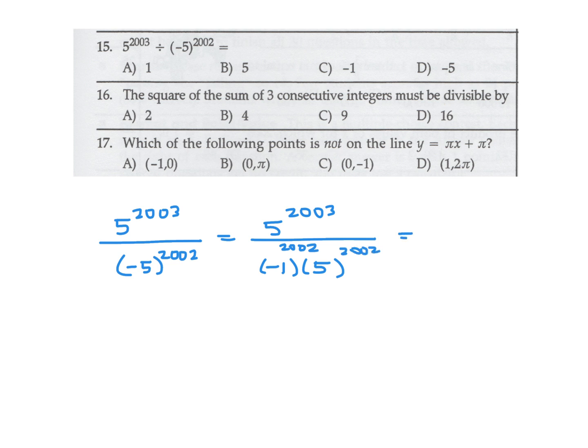And then that negative 1 to the power of 2002 is just 1. So that means this is just 5 to the power of 2003 all over 5 to the power of 2002, and that is just 5 to the power of 1, which is 5. And therefore number 15 is B.